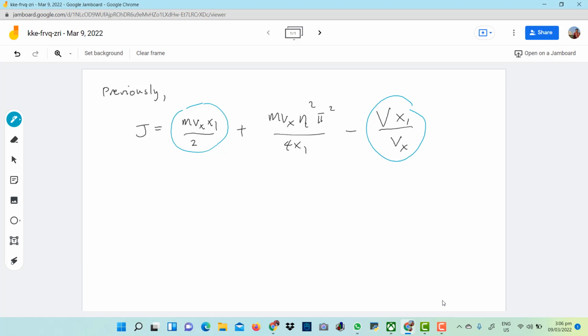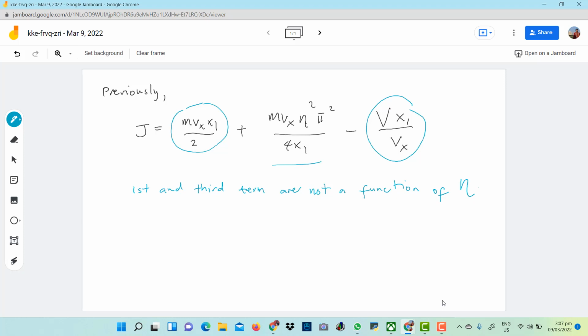The only function of eta is the second term, no? First and third term are not a function of eta. So meaning it is constant with respect to eta.